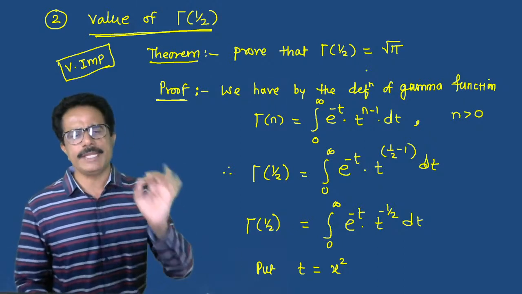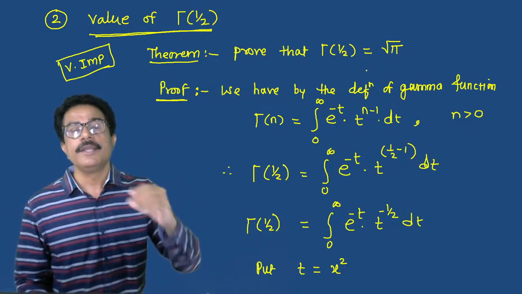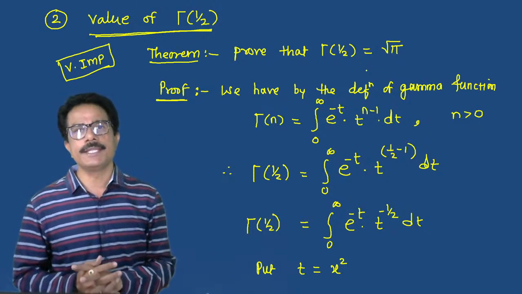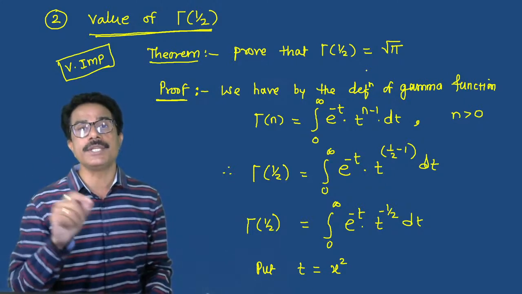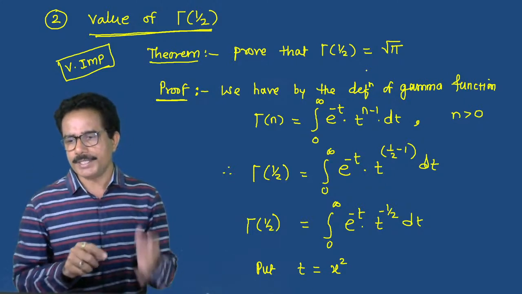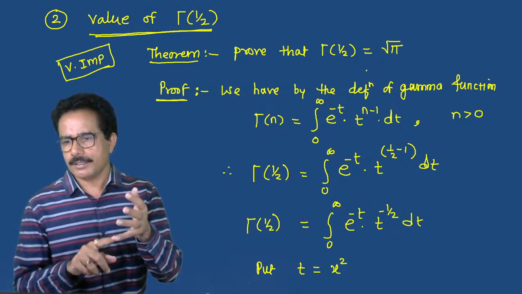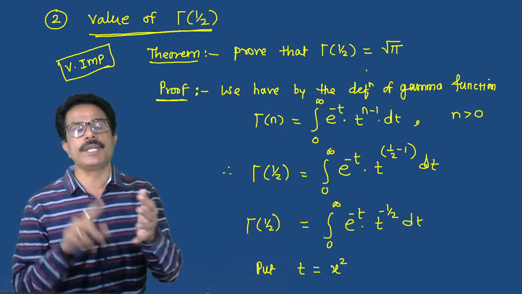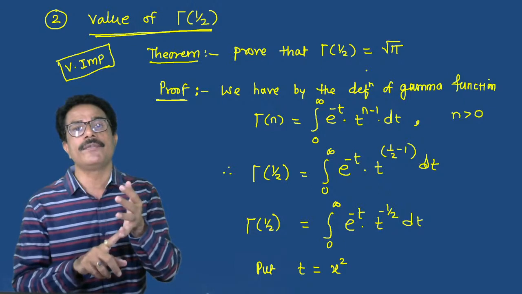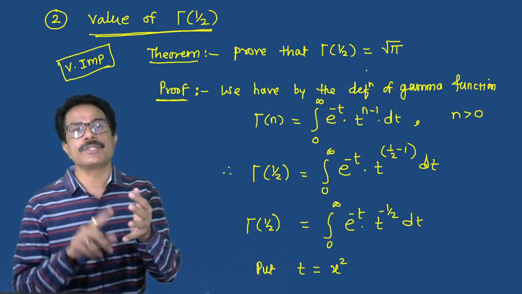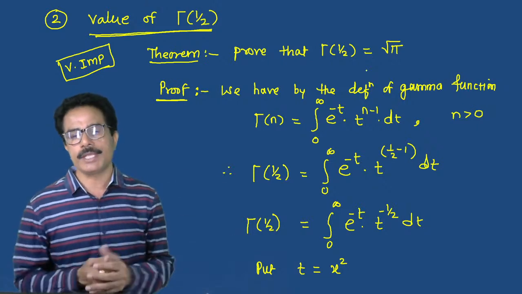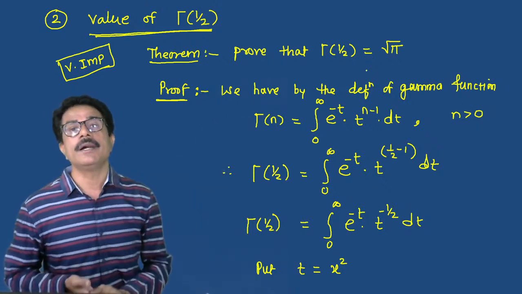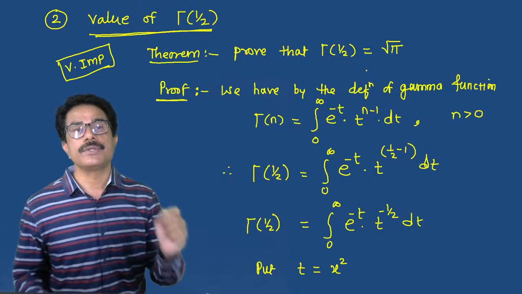This is one important result which is used to find the values of gamma of non-integers, means gamma of 1 by 2, gamma of 3 by 2, gamma of 5 by 2, gamma of 7 by 2, gamma of minus 1 by 2, gamma of minus 3 by 2, minus 5 by 2. In this way we can calculate the value of gamma at non-integer values.